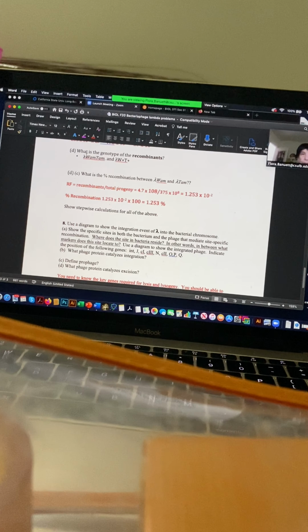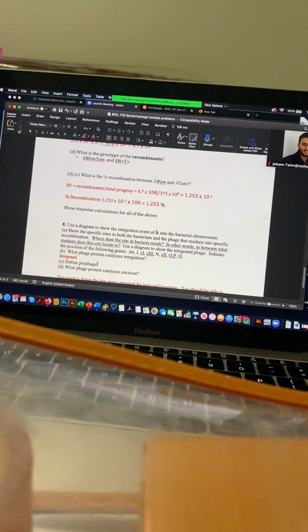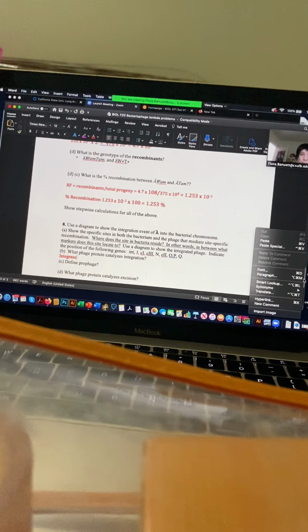You should know that. Is it Int? Yeah, integrase. And what is a prophage? Again, you need to know this by this time. Bacteria with the integrated phage sequence. Yes, there's a phage.